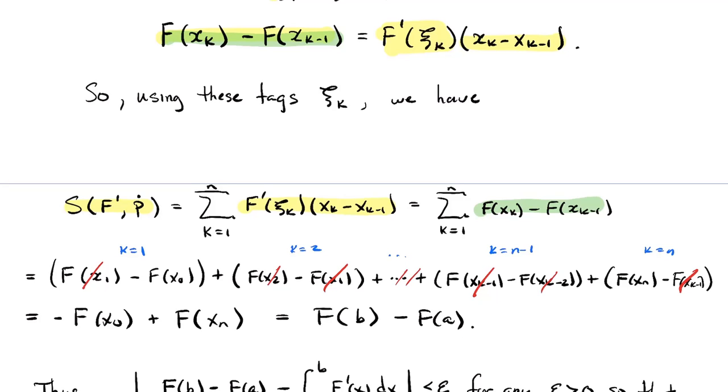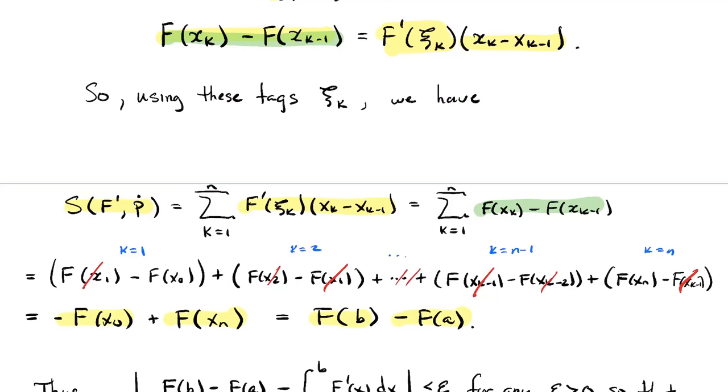When you boil it all down, what survives? You get the opposite of F of x0, that is the opposite of F of a, plus F of xn, that is F of b. Nobody cancels those terms. They only occur in the respective first and last terms in our sum.